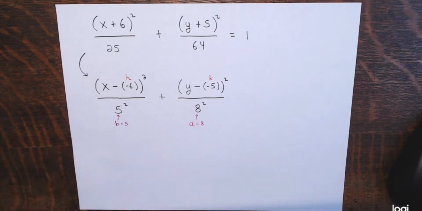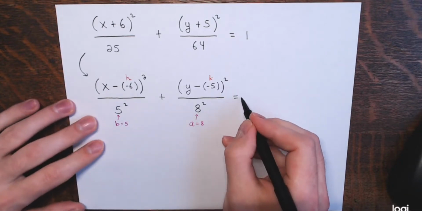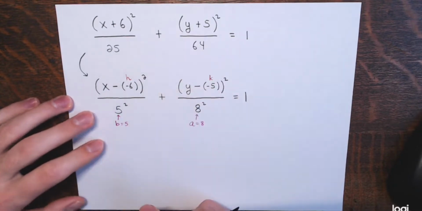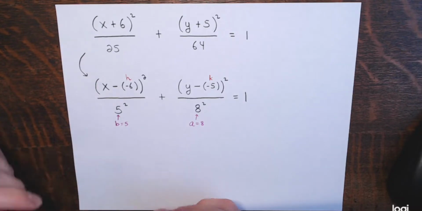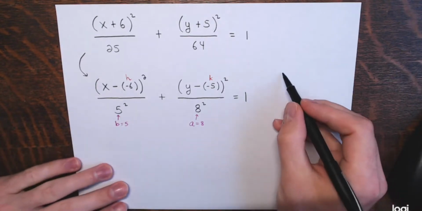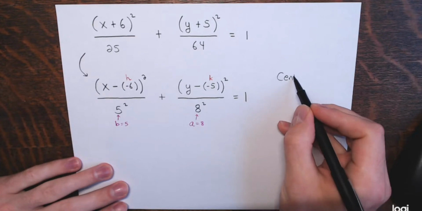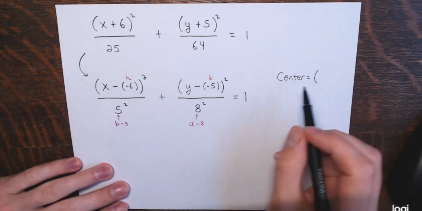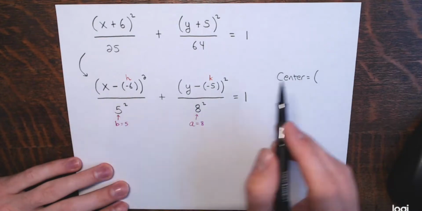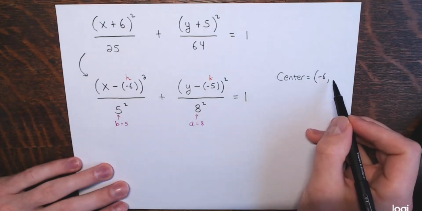And then we have equals 1. You don't have to do what I just did, but if you want to put it in that standard form so you can easily identify h and k and a and b, go ahead. But so the center of this ellipse has an x coordinate of negative 6 and a y coordinate of negative 5.